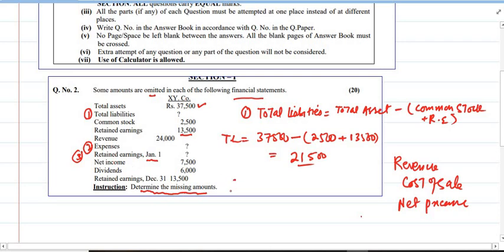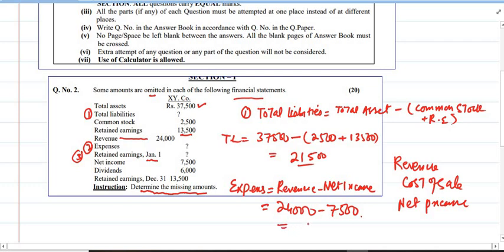So I will write here: expense is equal to revenue less net income. Now what is the revenue? Revenue is given here, this is 24,000, and the net income we have already, 7,500. If you calculate these figures, you will get 16,500. So this is the second figure which is required.